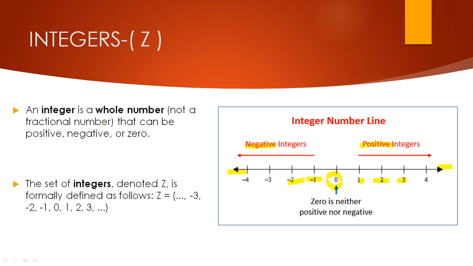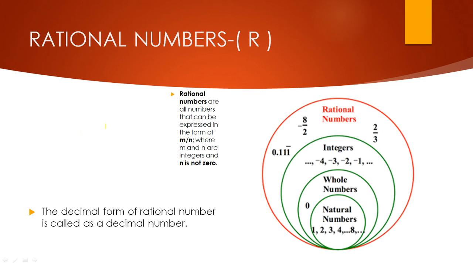Next category is rational numbers. As the name suggests, all the numbers that can be written in the form of a ratio, that is, in the form of m upon n. M and n are integer numbers.